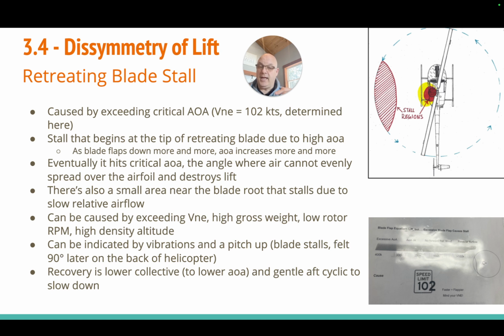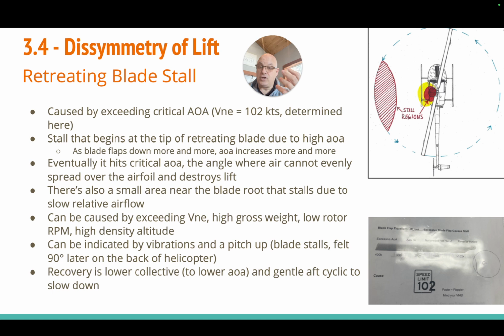We're causing a stall at the tip, the far end of the blade, decreasing the amount of lift that can be generated, but also slowing down at the root of the blade itself. So two of these areas are going to be impacted. And again, we need lift surface; that's part of the lift equation in order to be able to generate lift.